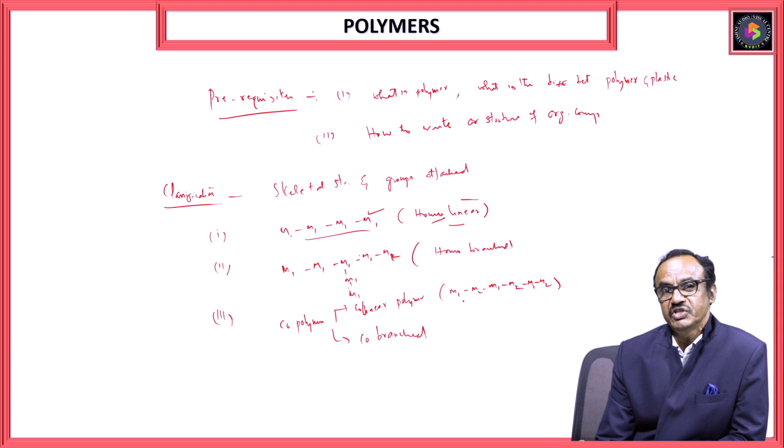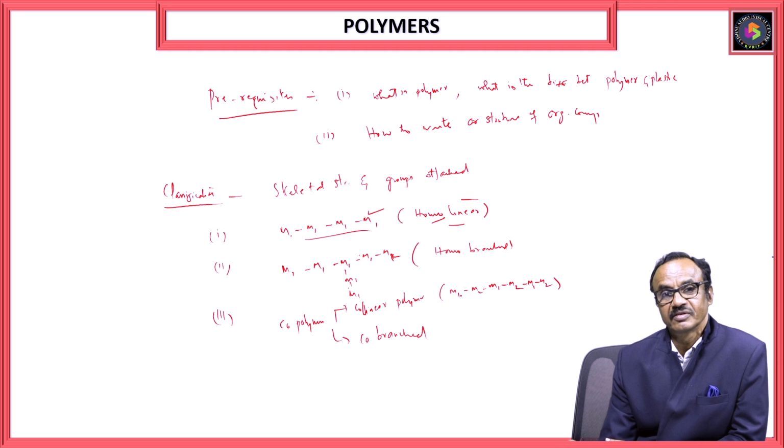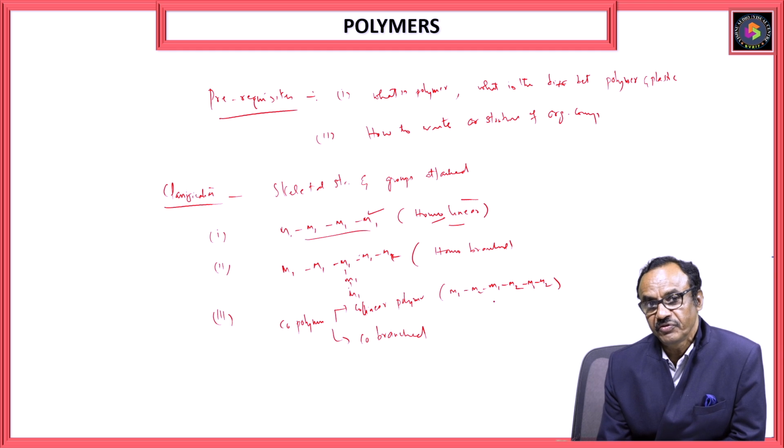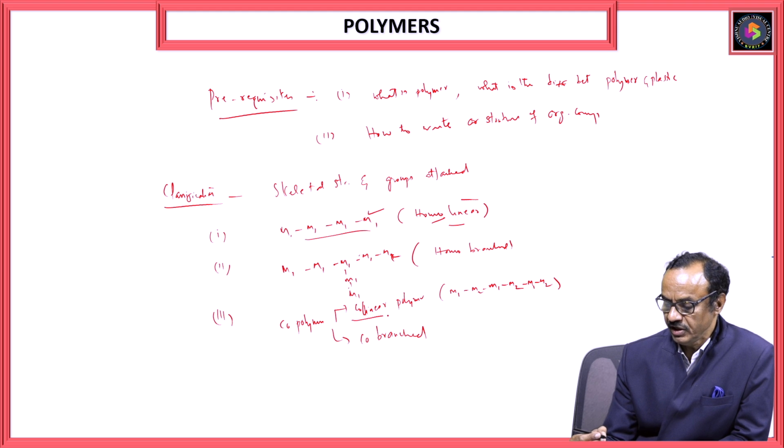This polymeric chain is composed of two different monomers, and it is called colinear polymer. Let me write clearly.